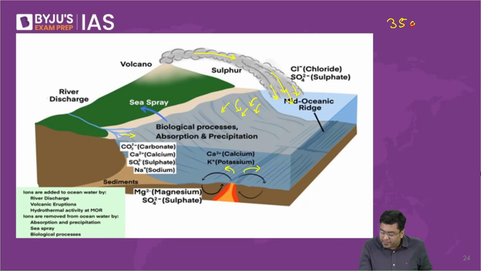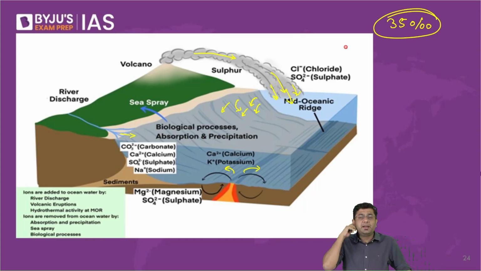Now here you might have a pertinent question arising in your minds. Obviously UPSC will never ask this: all these salts keep getting added into the ocean, and we know that the oceans have been in existence for billions of years. So why do we say that the salt present is still around 35 parts per thousand?